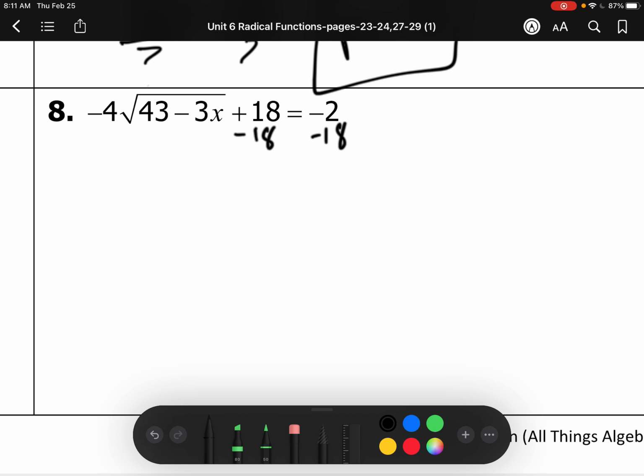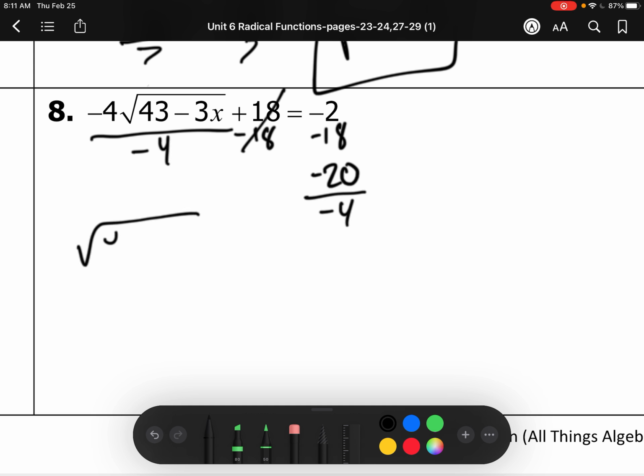When you subtract 18 from negative 2, you get negative 20, right? So then you're going to divide both sides by negative 4, and I get the square root of 43 minus 3x is equal to negative 20 divided by negative 4, which is positive 5, right?